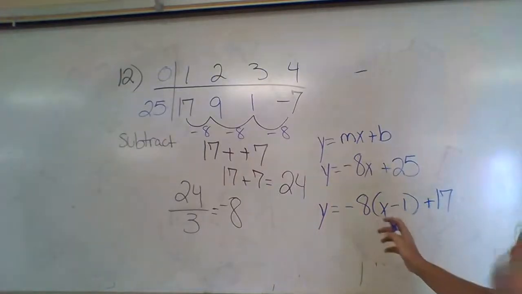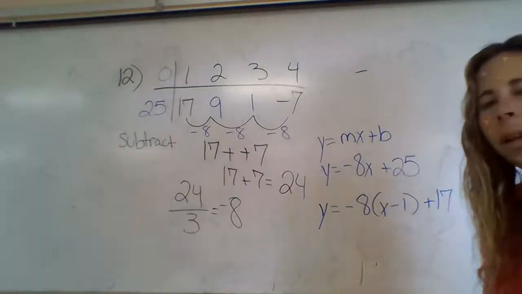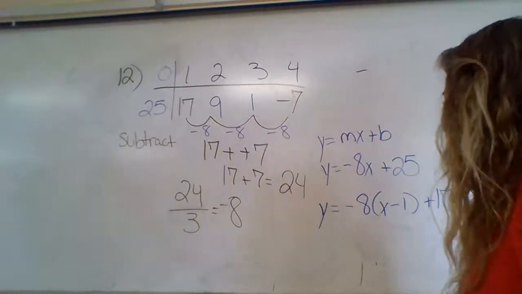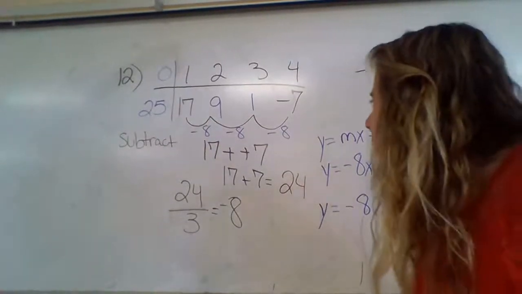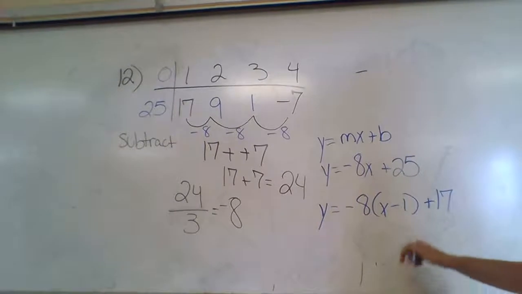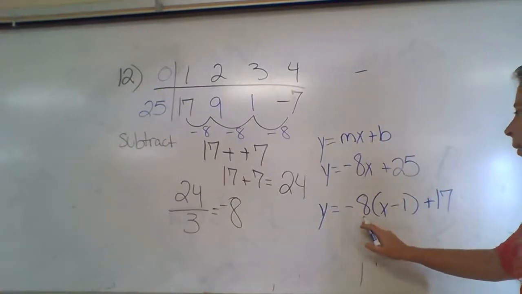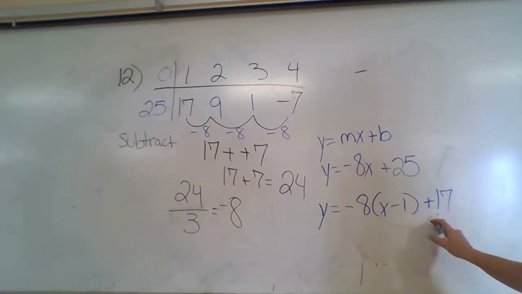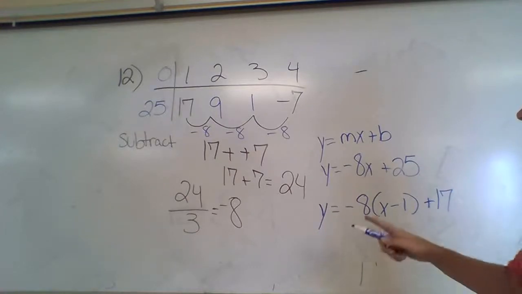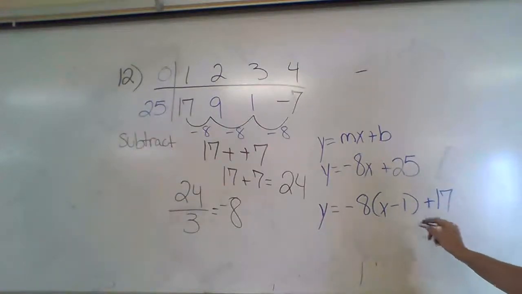That's also fine. I will also take that. Your slope is negative 8, and then you're using your first term. That's why it's x minus 1, because you're using your first term. And this is also a point in your table.